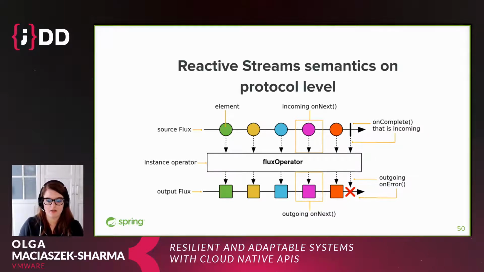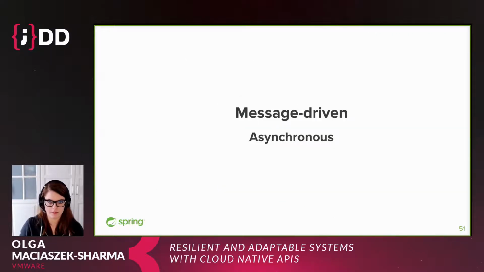And another very important thing here is back pressure, so that the subscriber can request n elements of the stream, and therefore there is no congestion. All these concepts are used by RSocket.